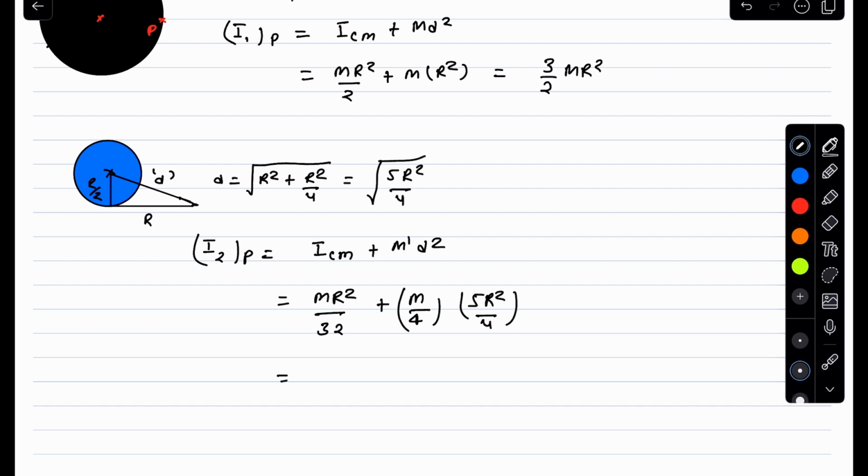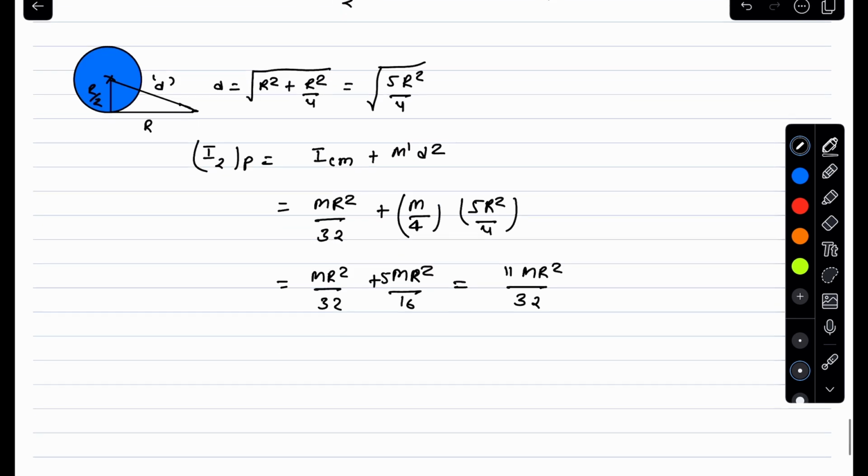So this becomes mr² divided by 32 plus 5mr² divided by 16. In total it becomes 11mr² divided by 32.